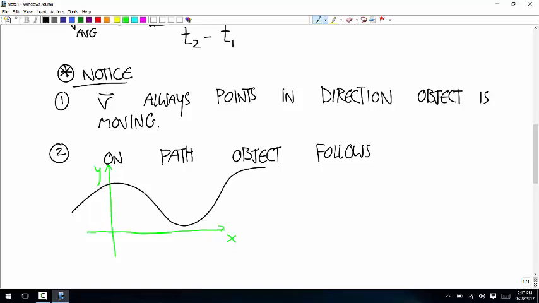At any instant, the velocity is tangent to the path. So that's the velocity vector. And the velocity vector is tangent at any instant.